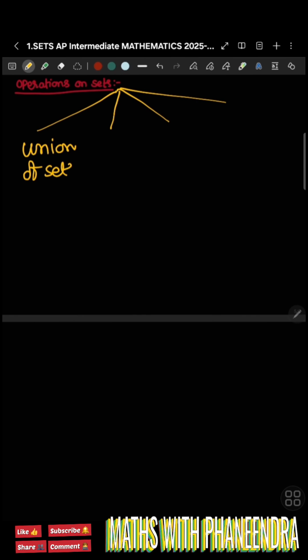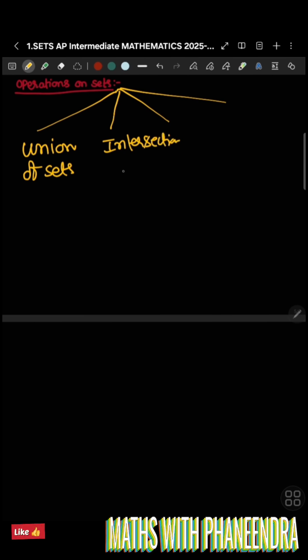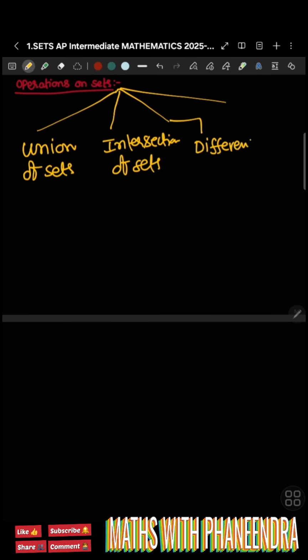Second one, intersection of sets. Third one, difference of sets. First one union, second one intersection, third one difference of sets.